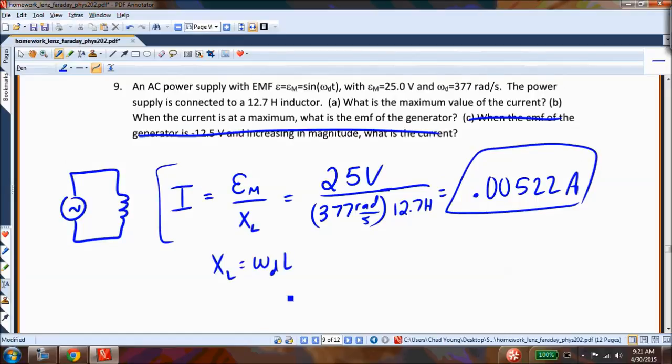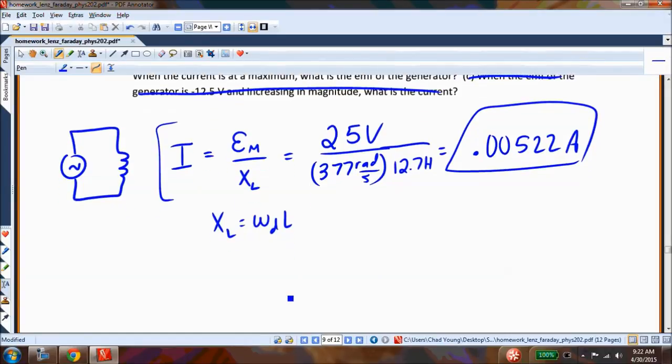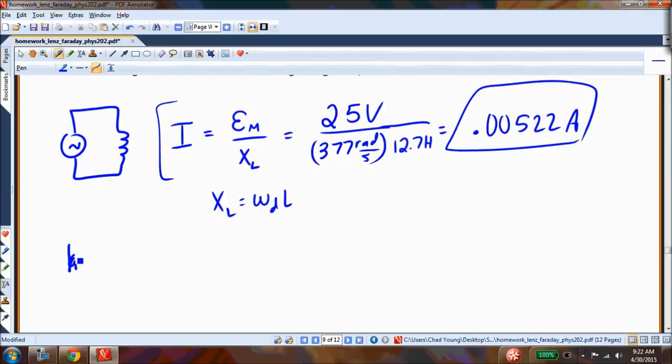Now, when the current is at a maximum, what is the EMF of the generator? Okay, well, this is a little more complicated. When the current is at its maximum value, that means that its derivative is 0.